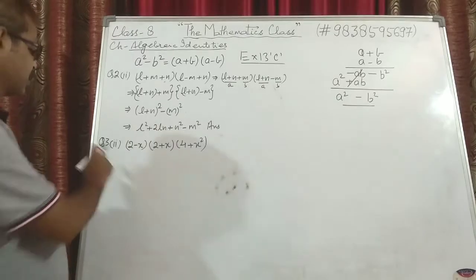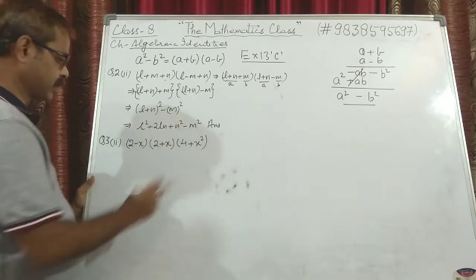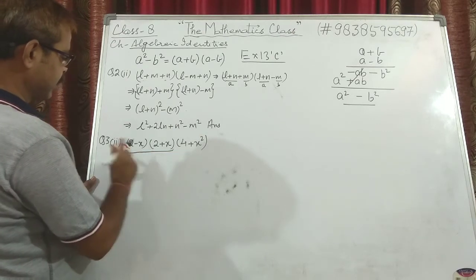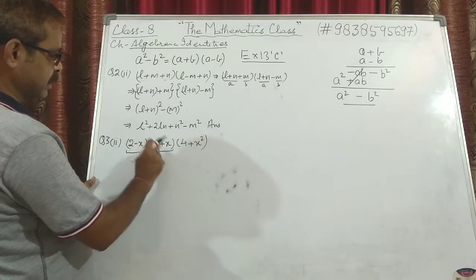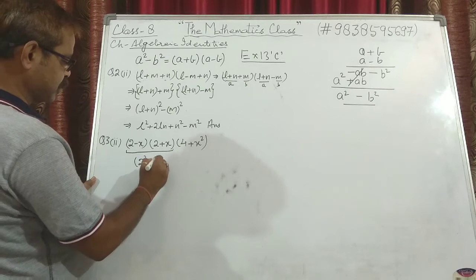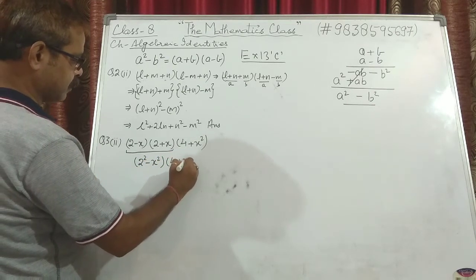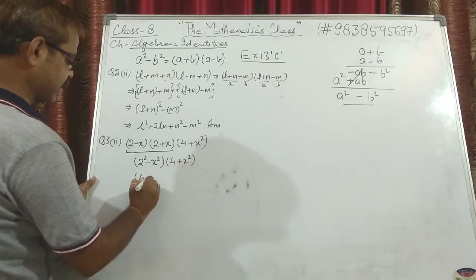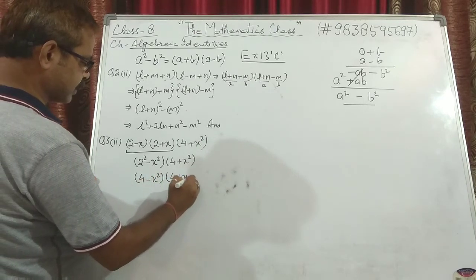Now third question, second part: 2 minus x, 2 plus x into 4 plus x square. First, when you concentrate on these two terms, it is in the form of a minus b and a plus b. So a minus b and a plus b can be written as a square minus b square, and the rest we copy down, 4 plus x square. 2 square is 4, so it is given as 4 minus x square into 4 plus x square.